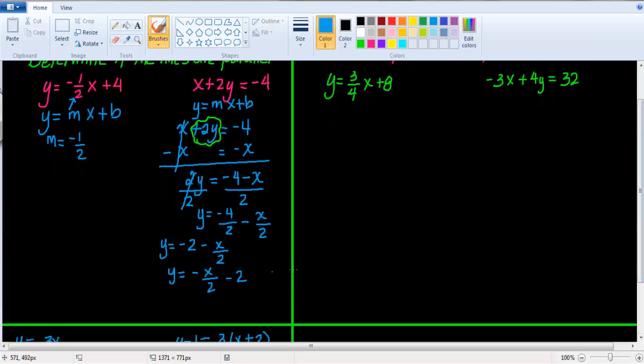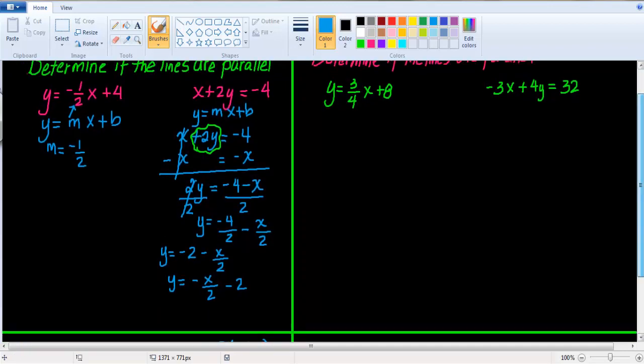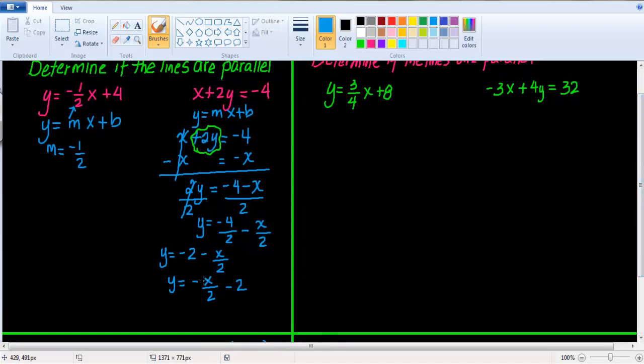Now, very important here. -x/2 is the same exact thing as y is equal to -1/2 times x. This is exactly the same expression. Because if you, let me go off to the side here for a short explanation.